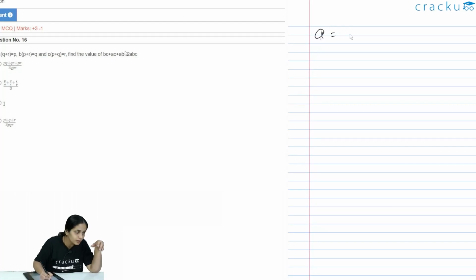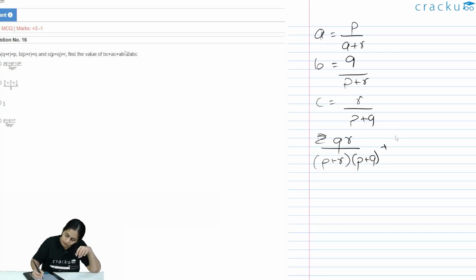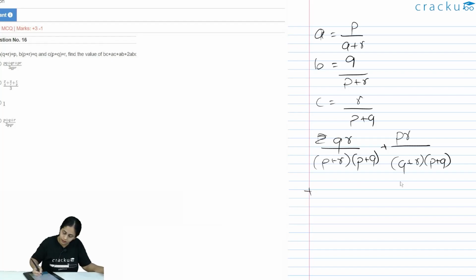A is equal to P by Q plus R, B is equal to Q by P plus R, and C is equal to R by P plus Q. So BC is equal to QR upon P plus R into P plus Q, plus AC, which is equal to PR upon Q plus R into P plus Q, plus AB.